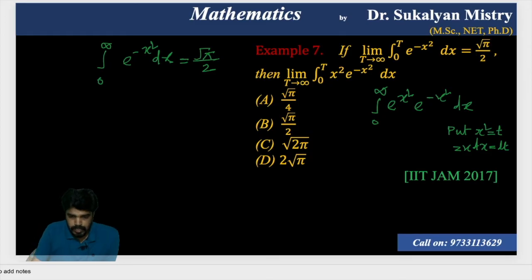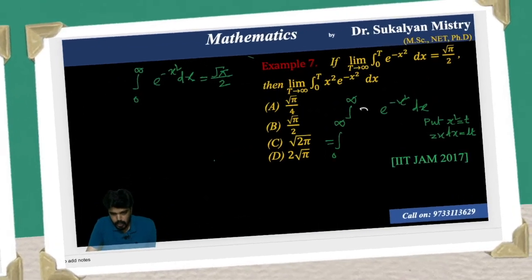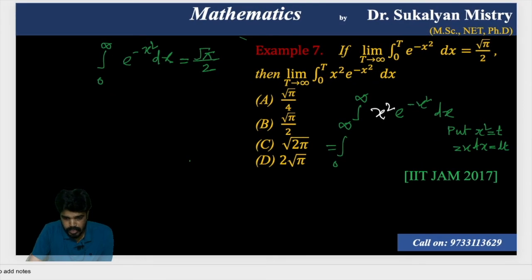So, the integral becomes x times e to the power minus x square; we put x square is equal to t, that is e to the power minus t, and dx is dt by 2x, that is 2 root t. Okay.